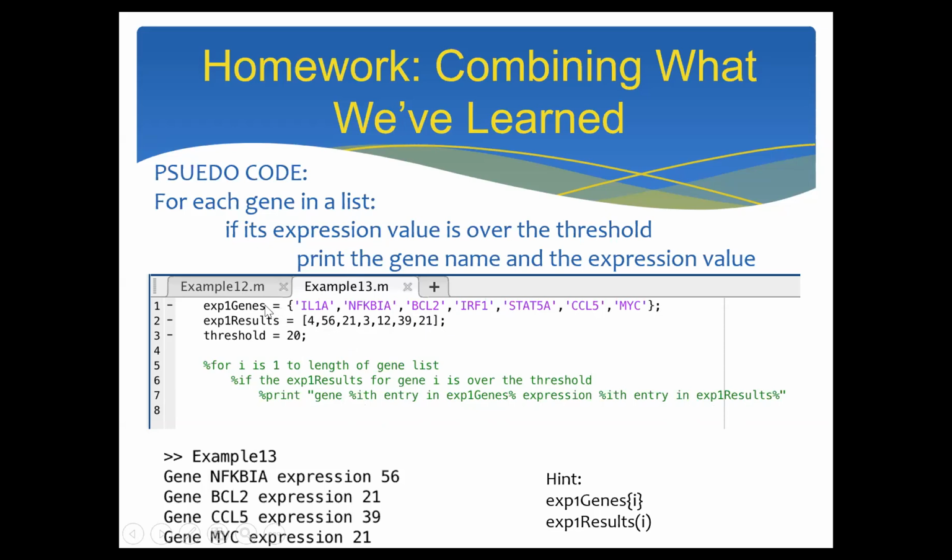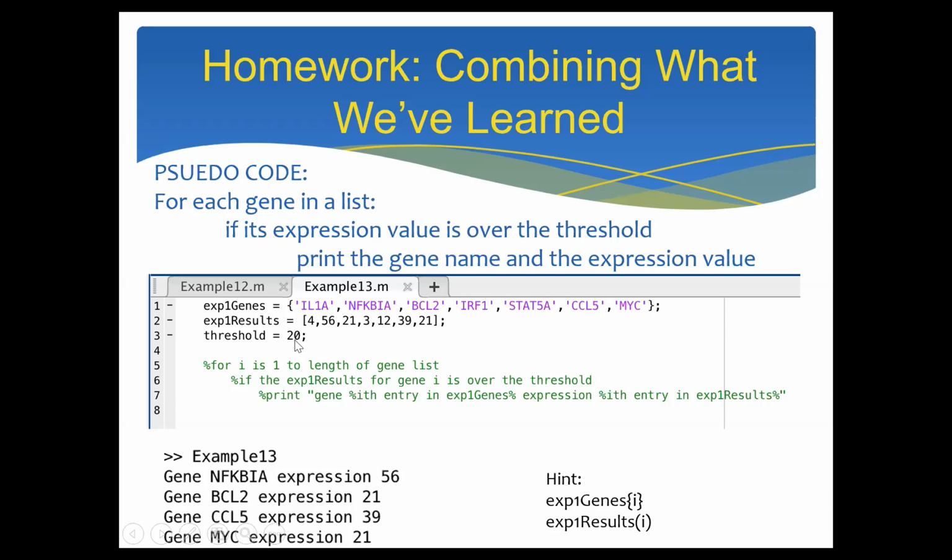Right? For example, I go over the list, I check the first gene, IL1A, the expression is 4, does not go over the threshold. So it will not print out anything. Then I go to the second gene, NF-kappa BIA, NFKBIA, which is 56.